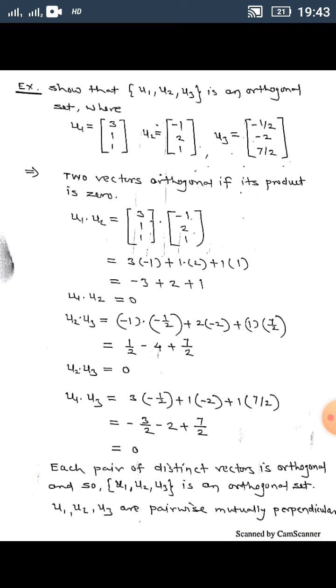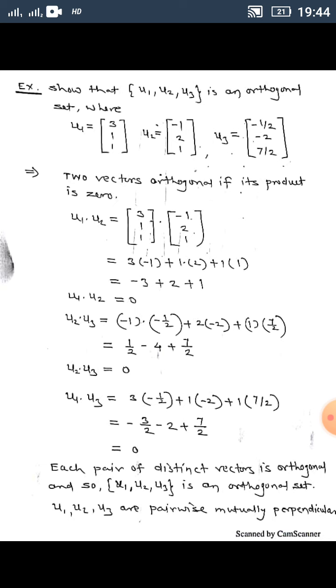The first element should multiply with the first element of the second vector. So 3 into minus 1 is minus 3, plus the second element of the first vector multiplied with the second element of the second vector, that is 1 into 2 is 2, plus the third element of the first vector multiplied with the third element of the second vector, that is 1 into 1, 1.